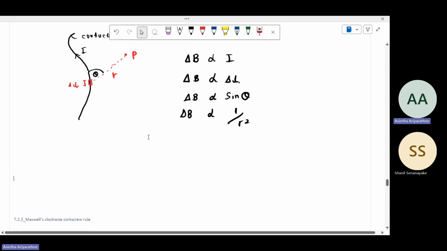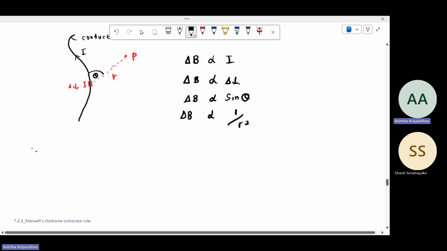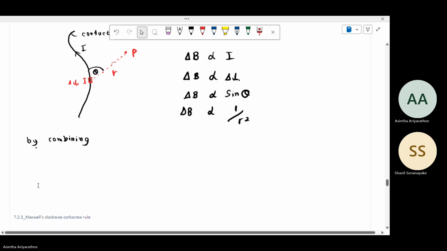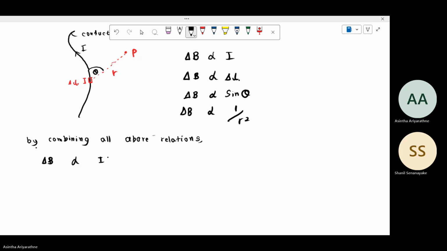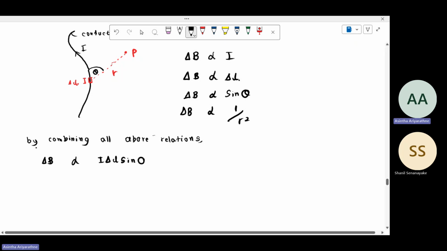Then, combining all the above relations, we get I delta L sine theta over R square.